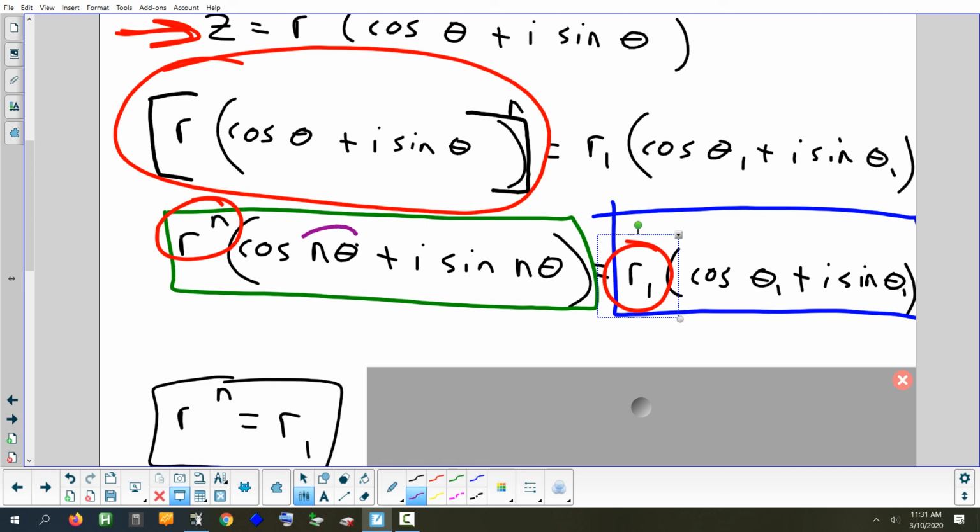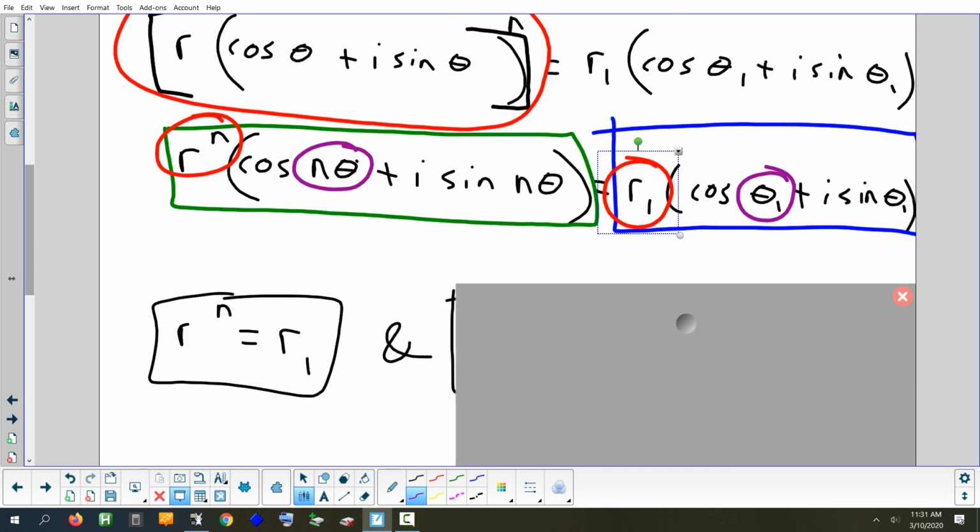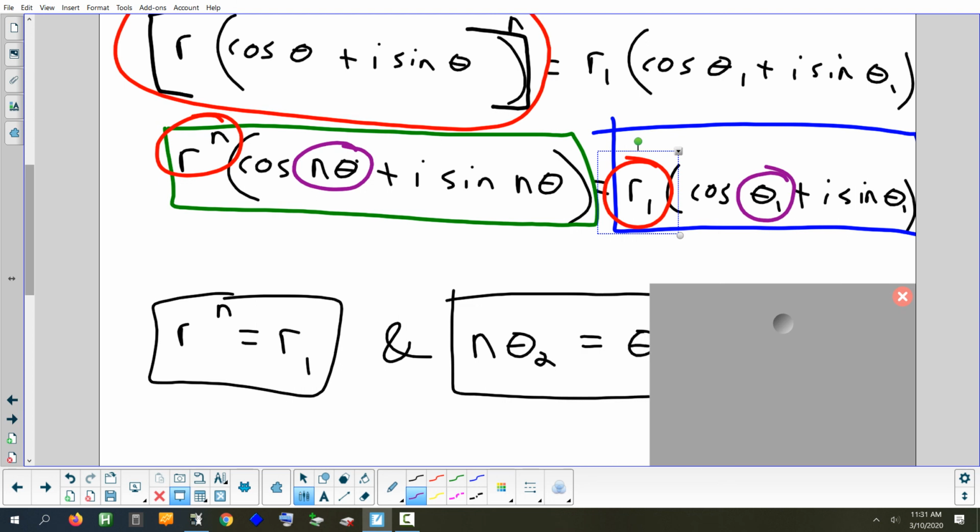Next thing. You have an angle on the left. You have an angle on the right. And there's an equal sign between them. Set those two things equal. So the angle on the left is going to be n times theta, and the angle on the right is theta 1.